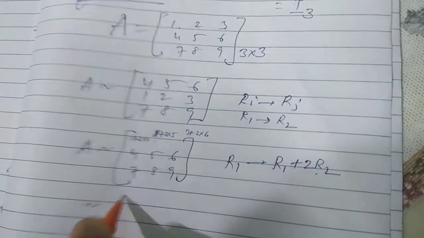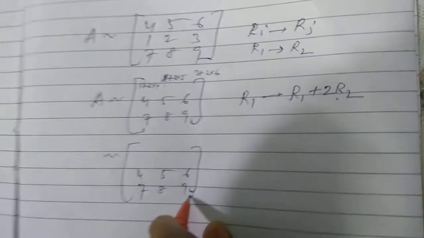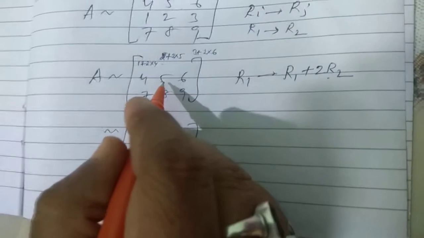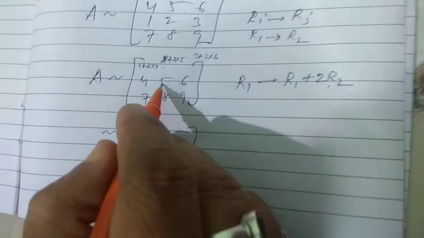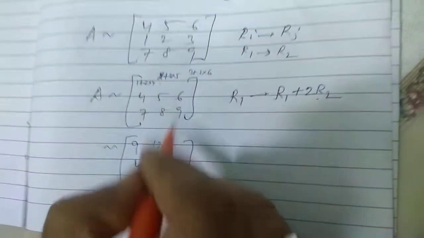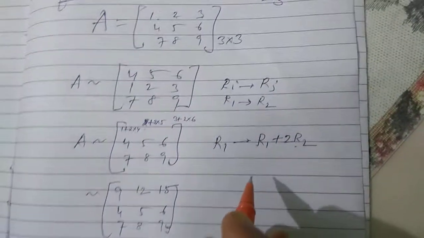That is 1 plus 8 is 9, 2 fives are 10, 10 plus 2 is 12, and 2 sixes are 12, plus 3 is 15. This is an equivalent matrix.